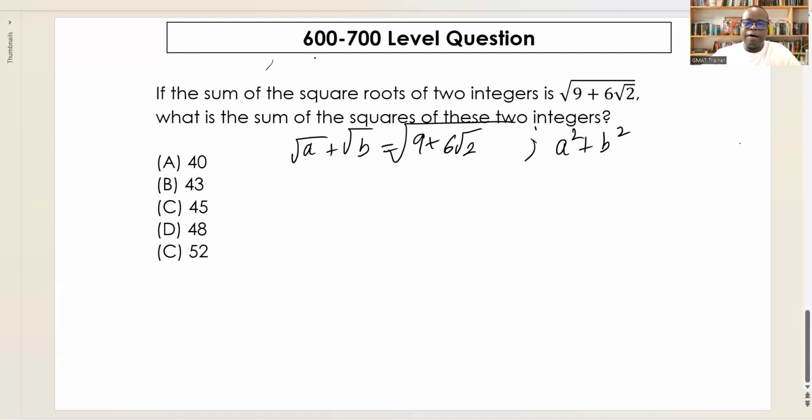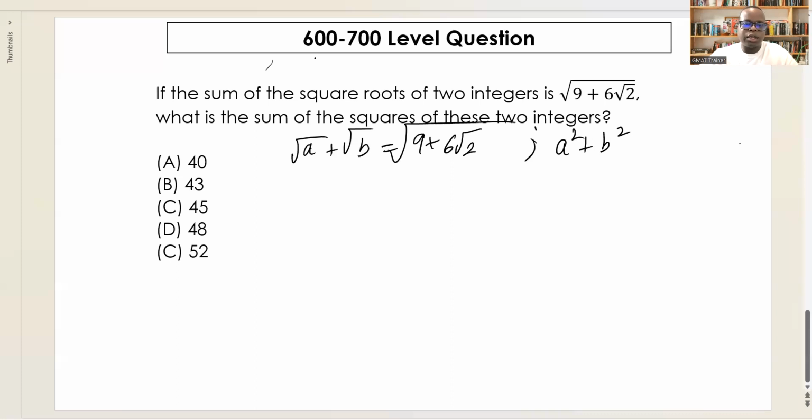That's what we need to find out. So let's see how we can simplify this expression, first of all, to get the values of a and b, and see how we can get a squared plus b squared. In whichever way you have this, as long as you can single out a squared plus b squared, you have an answer. So we can square both sides. Because we're squaring the whole left-hand side and the right-hand side, we can approach it algebraically.